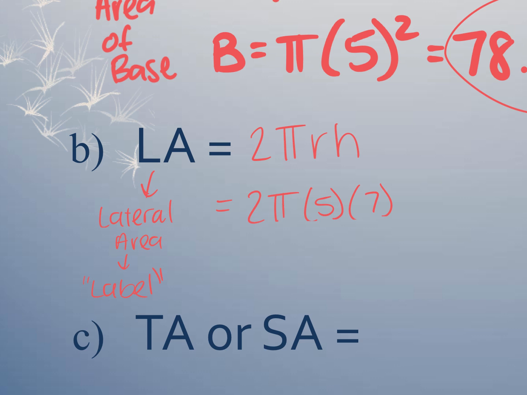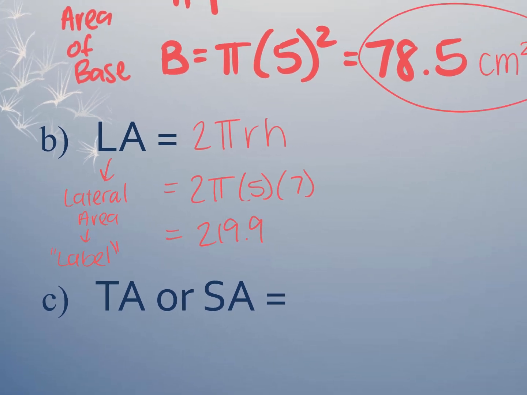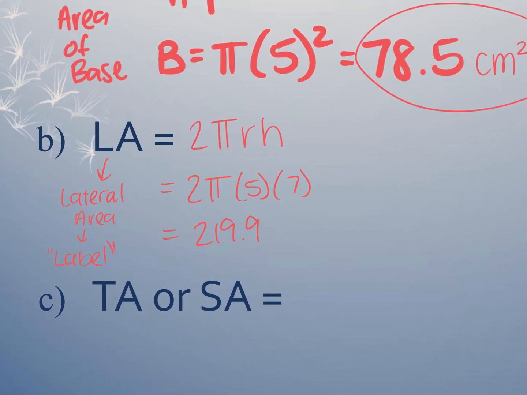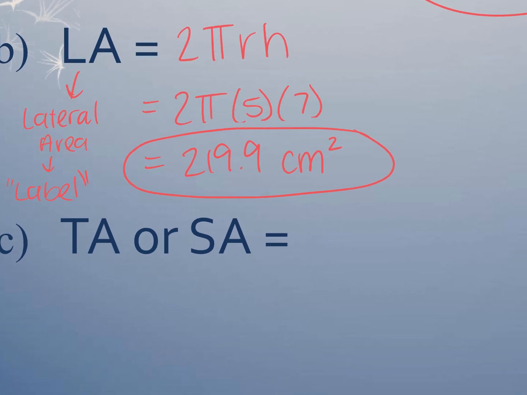So we multiply all 4 of these: 2 times pi times 5 times 7. 219.9. Don't round. Remember, use the tenths place if it doesn't say to round. What units does this get? Centimeters squared or cubed? Squared. Why squared? It's still an area.